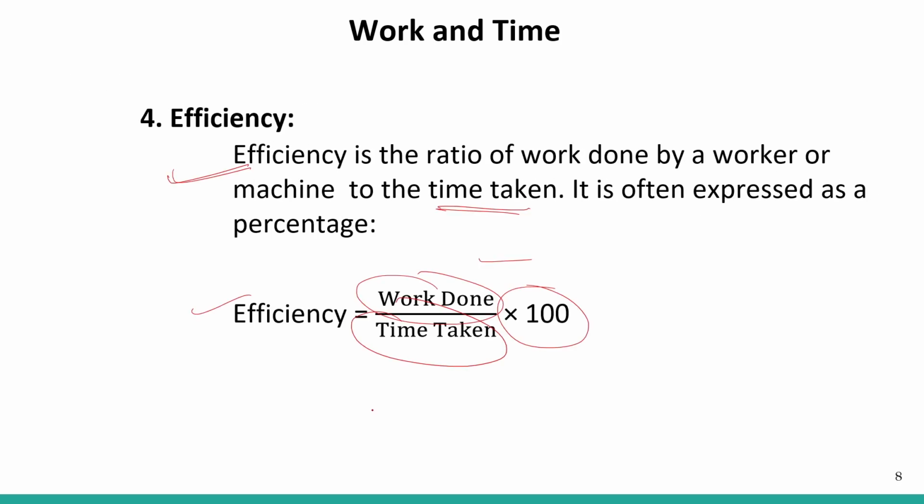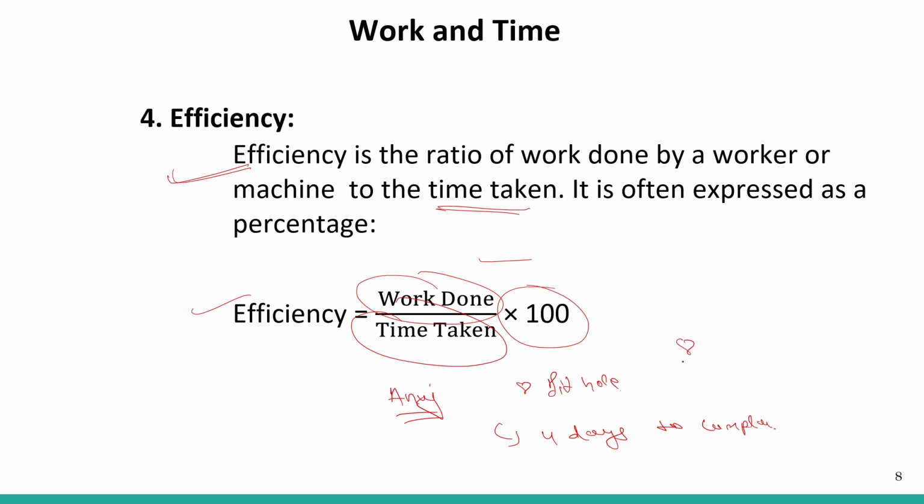Let's say you have a man. So you have Anuj. And what you asked Anuj to do is dig an 8 feet hole. And he took approximately 4 days to complete it.